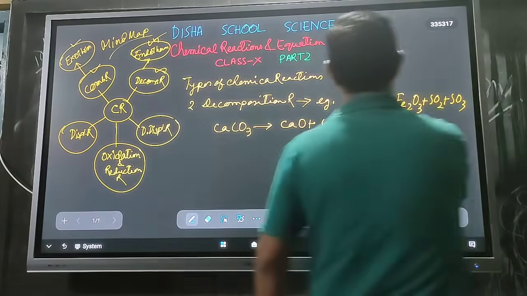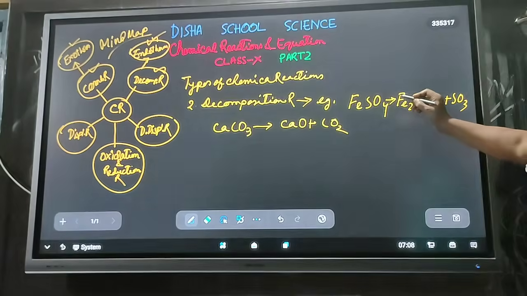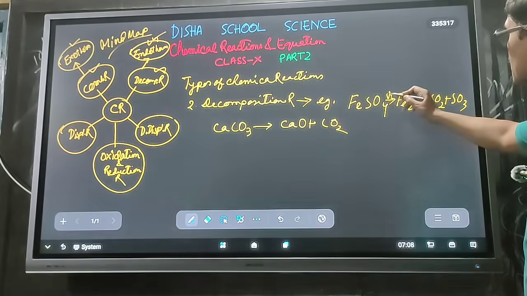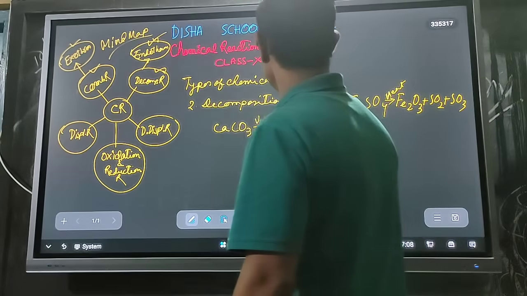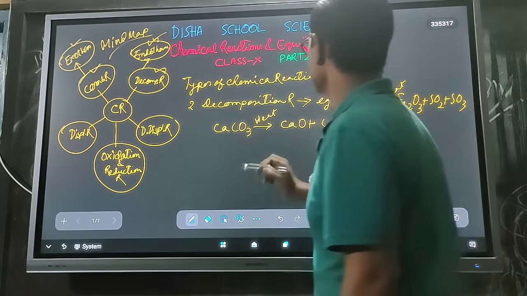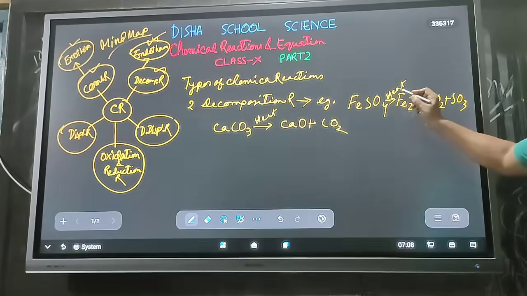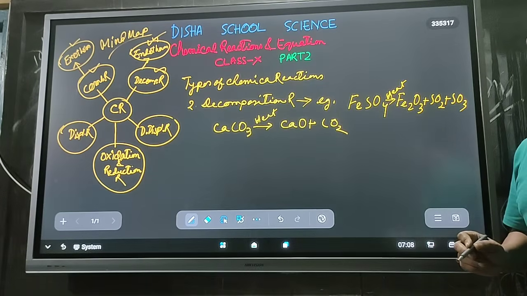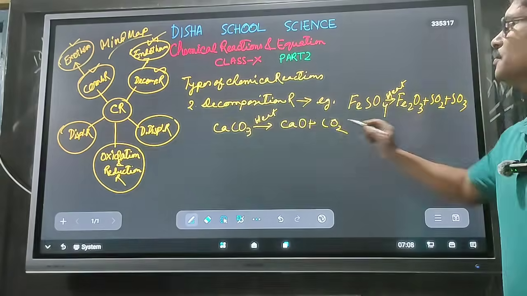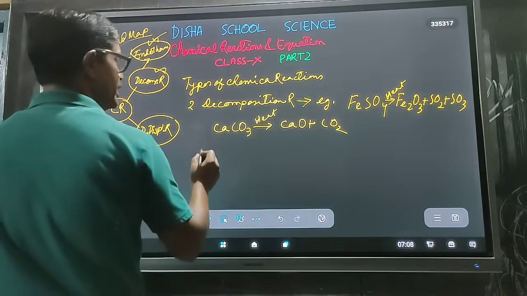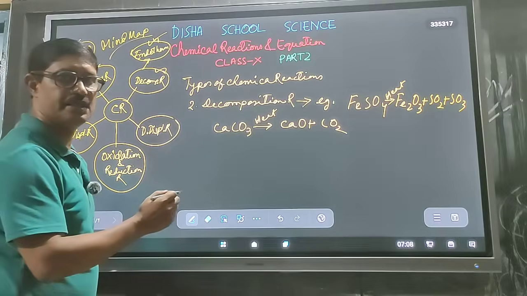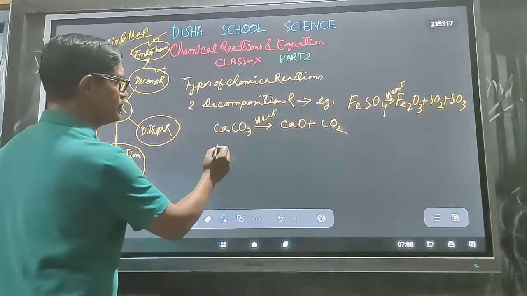That's why, to make this reaction fast, we have to apply heat. Whenever we apply heat, then decomposition starts. Based on this, there are three different types of decomposition reaction.